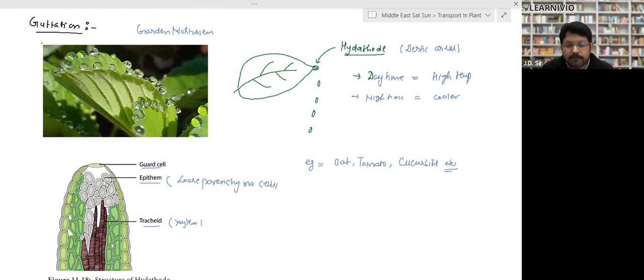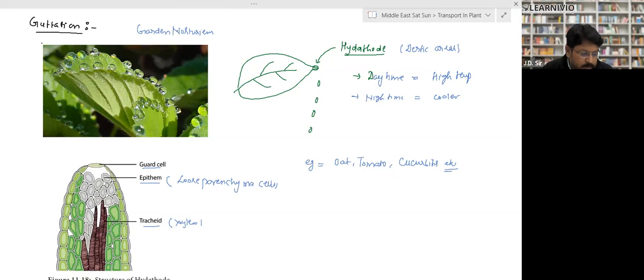Such conditions are found in humid tropical areas, the rainy season, late spring in temperate areas, etc.